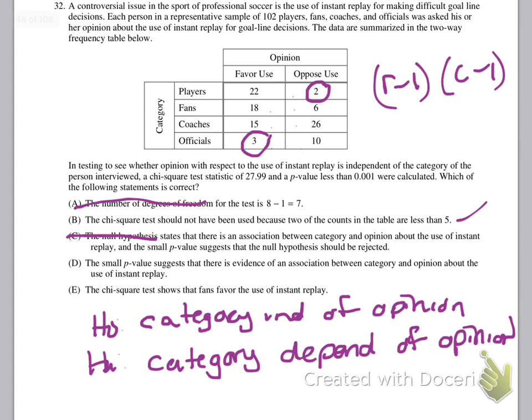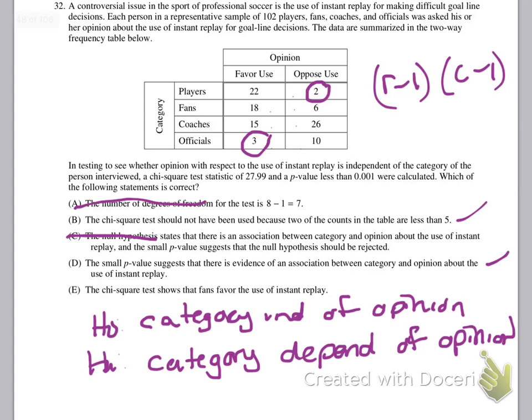The small p-value suggests that there's evidence of an association between category and opinion, and that is true. The chi-square test shows the fans favor the use of instant replay. Okay, what I would have to do was go in there and see which one is the highest.